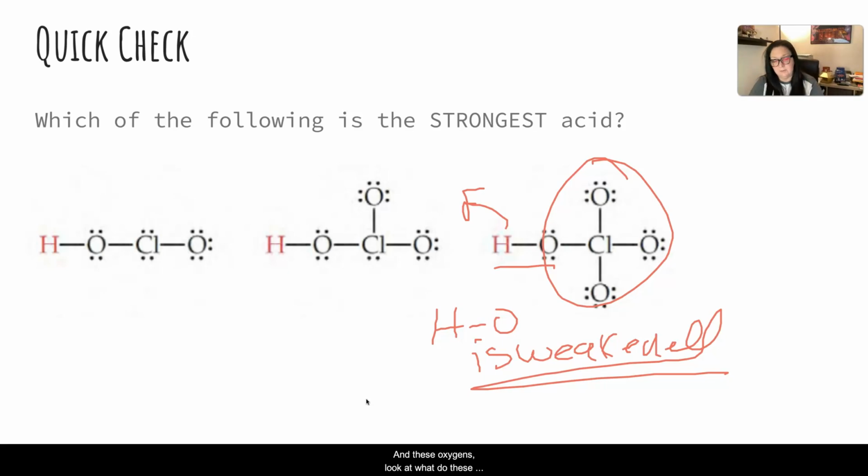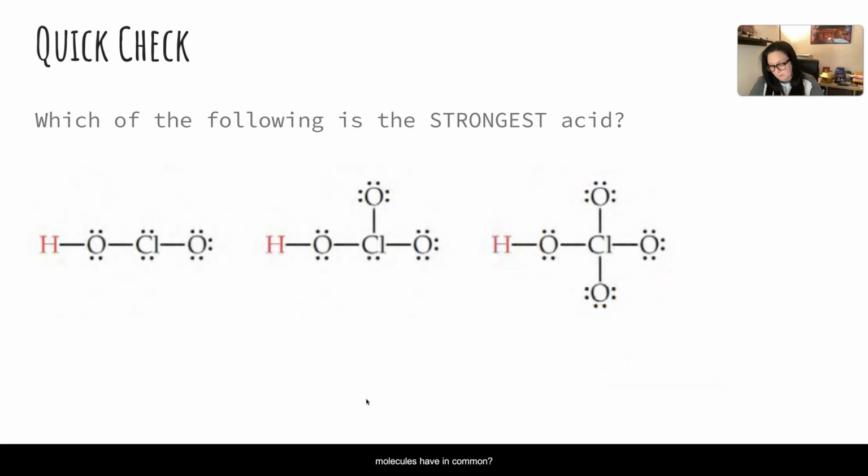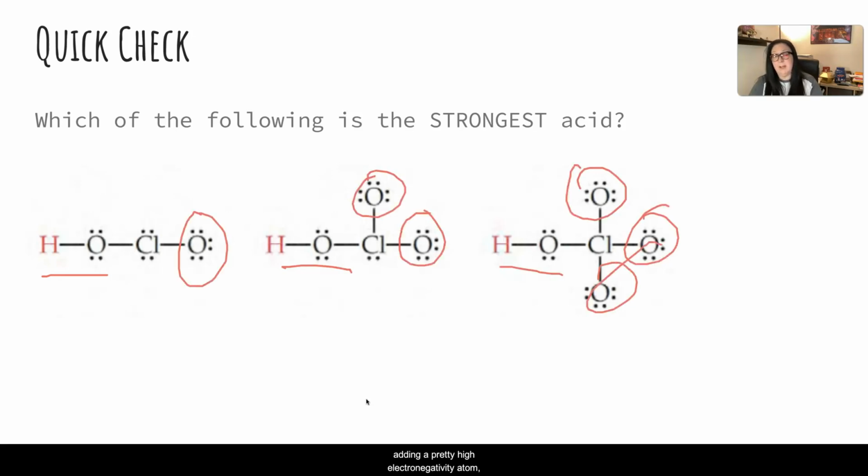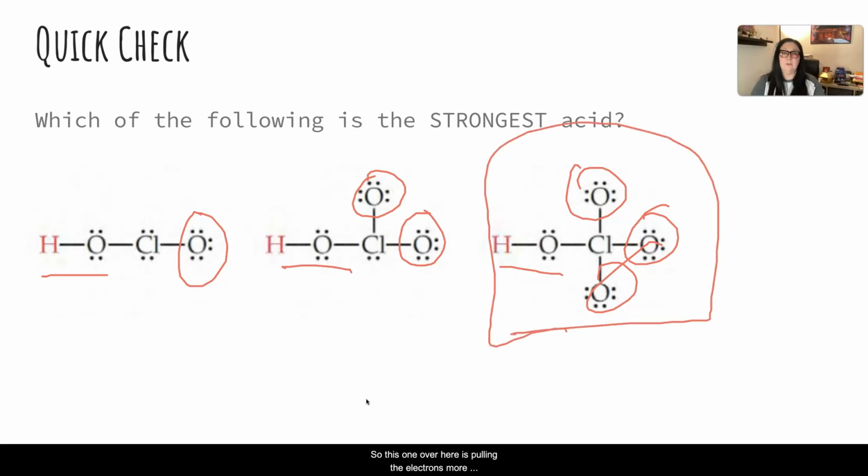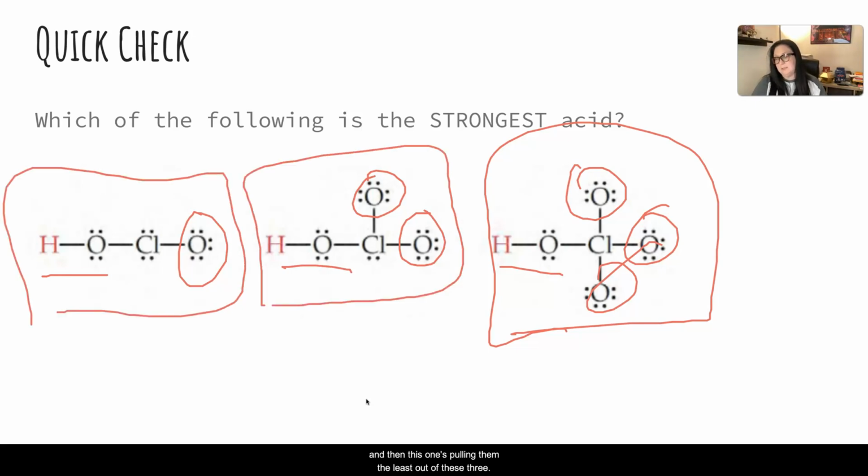And these oxygens, look at what do these molecules have in common? They have in common this. And so every time I add an oxygen, I'm adding a pretty high electronegativity atom, and it's pulling the electrons away. So this one over here is pulling the electrons more because there's 3 of them. And then this one's pulling them the second most, and then this one's pulling them the least out of these 3. And then, that's really what's happening.